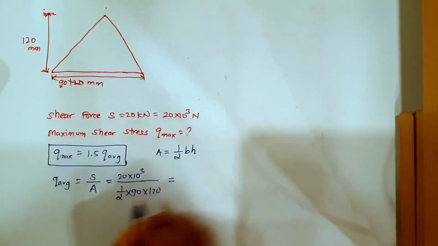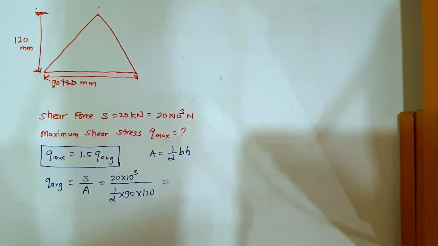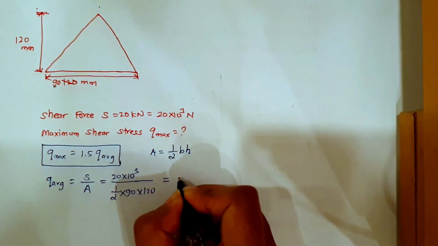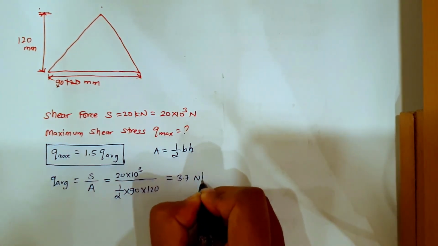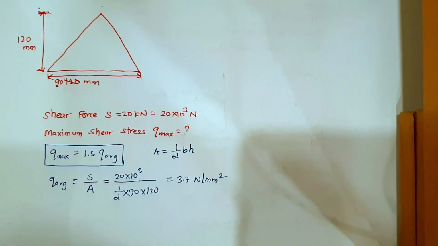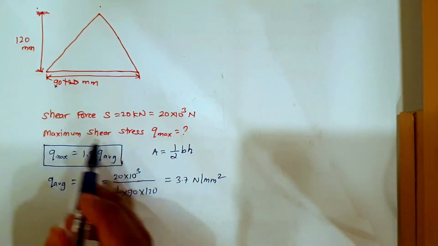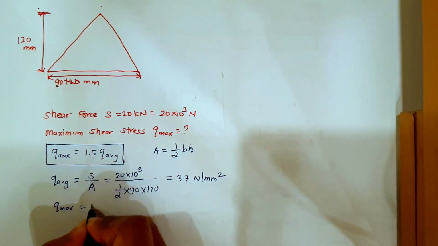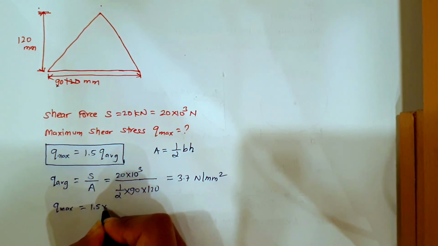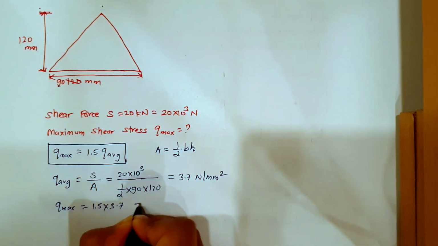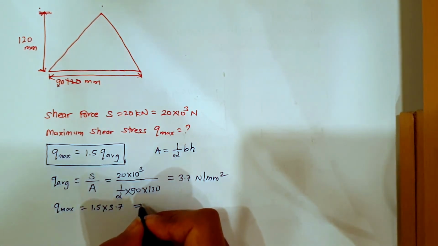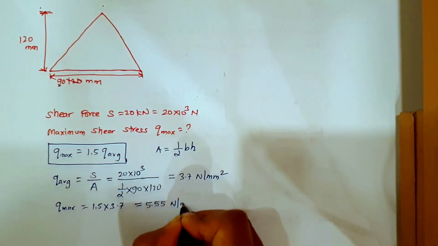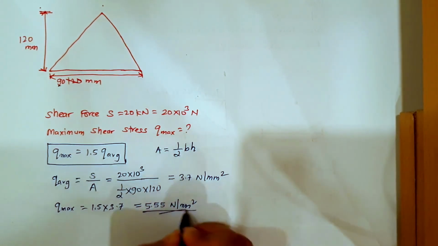So from here Q average will be equal to 3.7 Newton per mm square. Now this Q max will be equal to 1.5 times the Q average, which is 3.7, so from here we get 5.55 Newton per mm square.